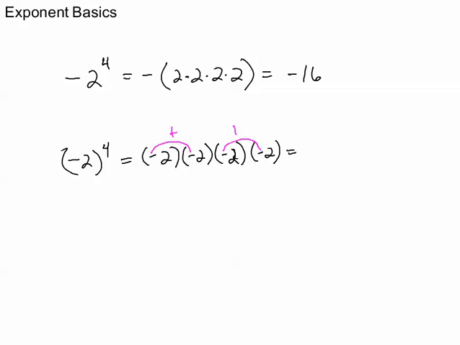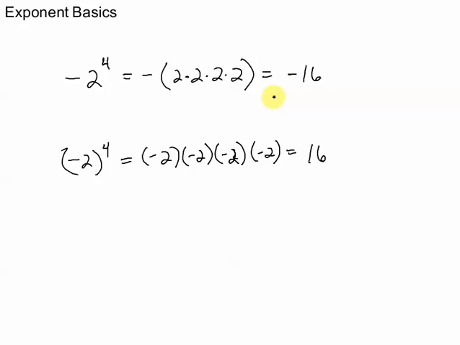In general, anytime you have an even number of negatives that are multiplied, it's going to result in a positive number because each pair is going to give you a positive number. So in this case, it's going to be positive, and 2 times 2 times 2 times 2 is the 16. So in this case, these are not the same thing, and that's because they mean something different. Right? This is positive 16, this is negative 16.